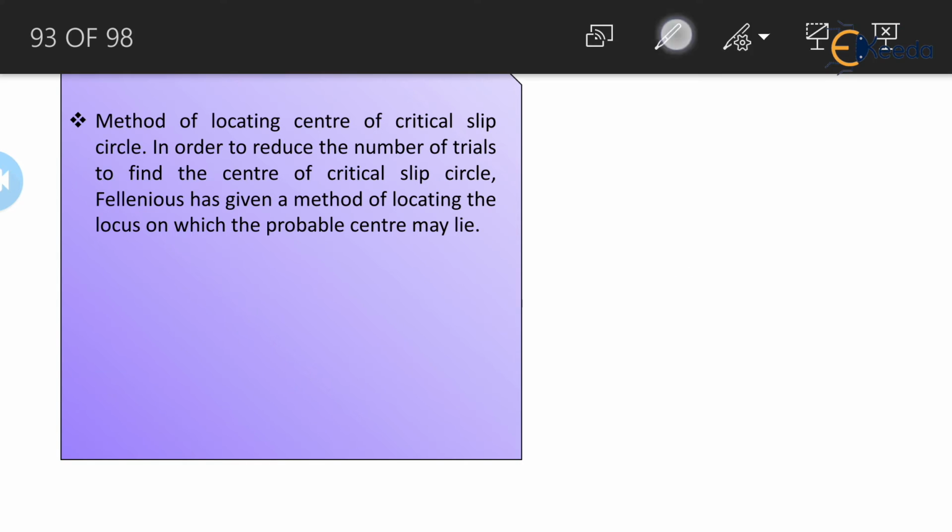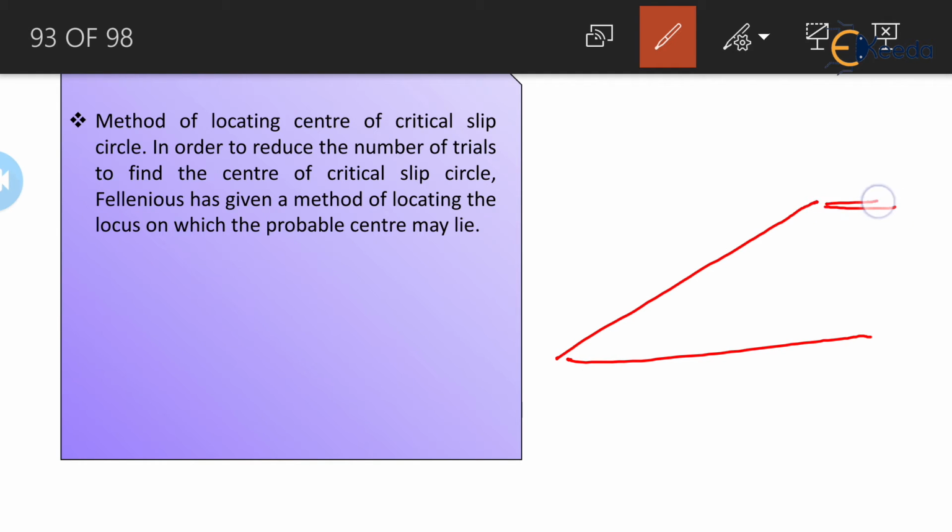It means that if our earthen embankment is a homogeneous one, and this is the upstream slope surface, with this as the base and from this point the top width, then we know this height, we can find out this height.